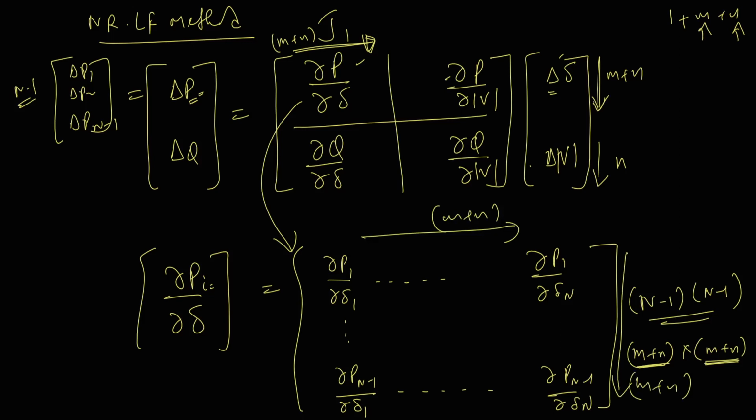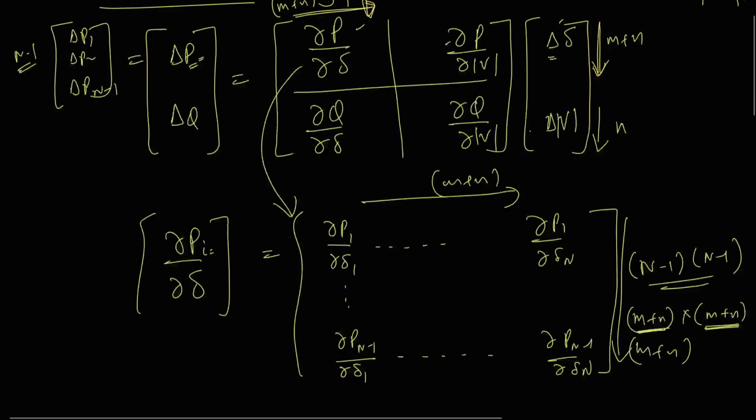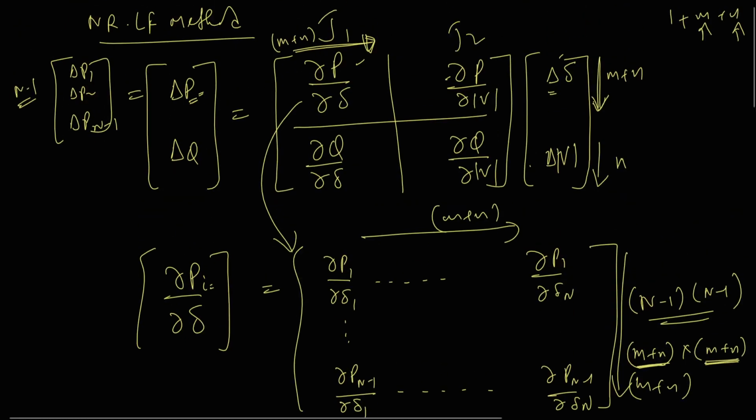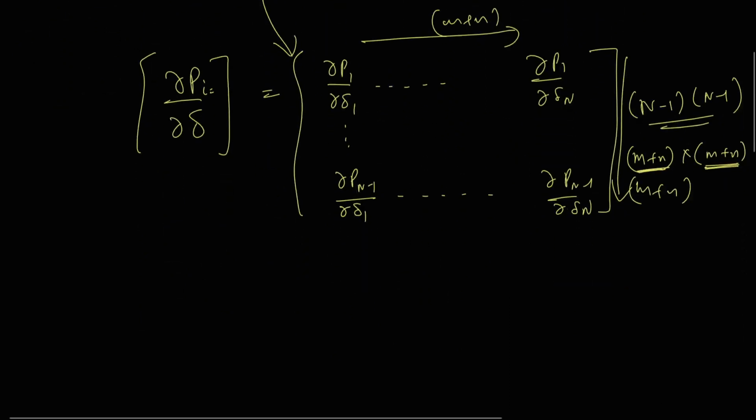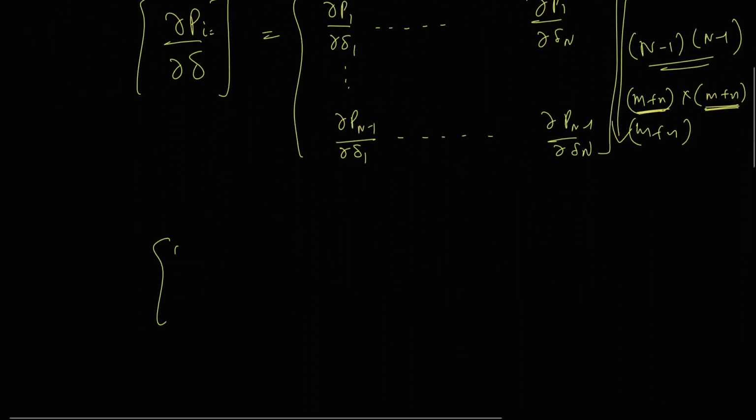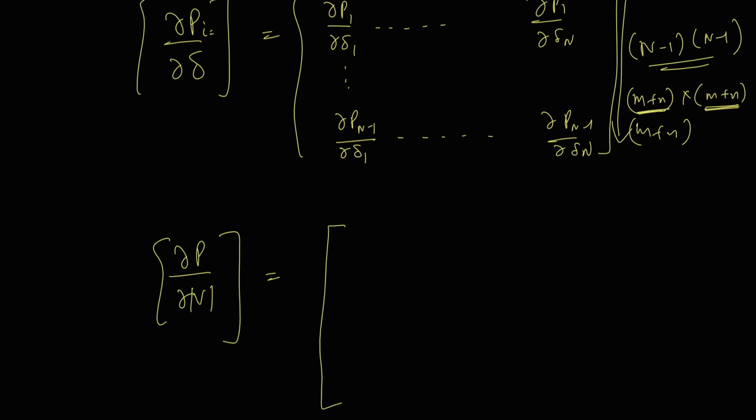Now similarly, what is the second submatrix J2? J2 is dou p by dou v magnitudes. So that is dou p1 by dou v1 to dou p1 by dou v n, with small n.